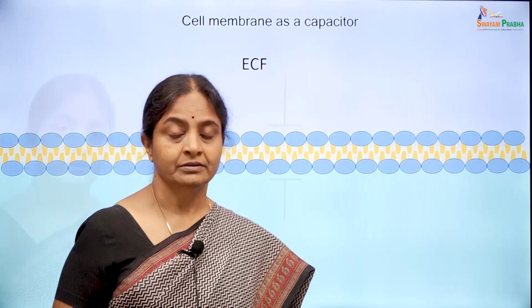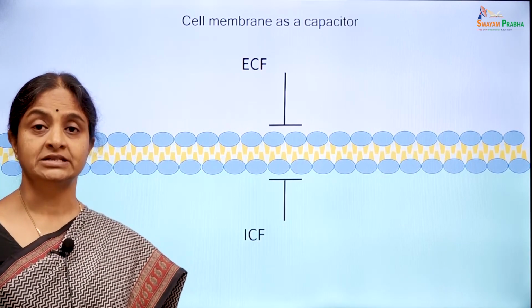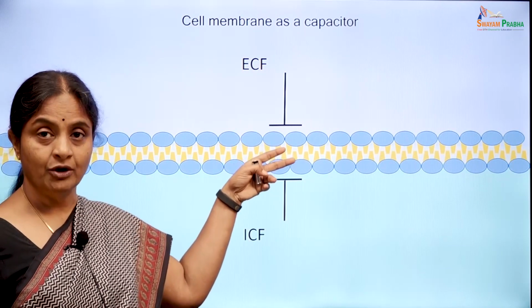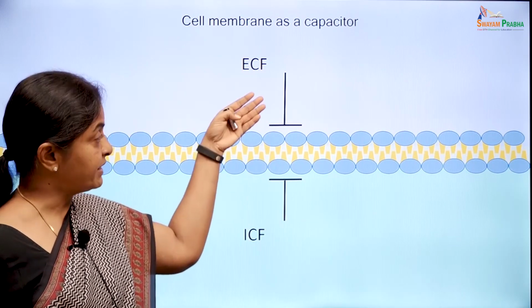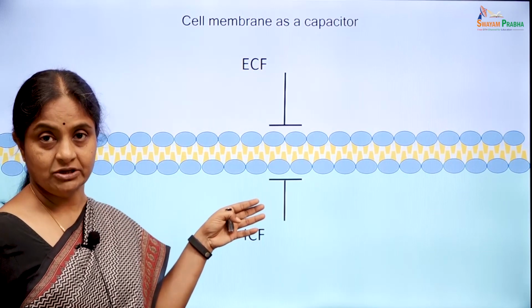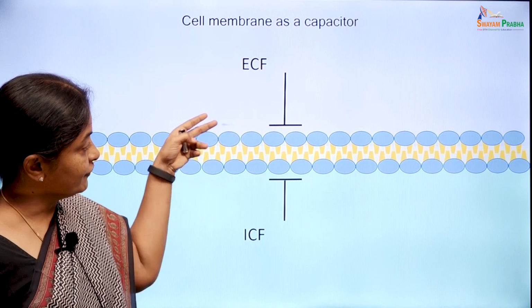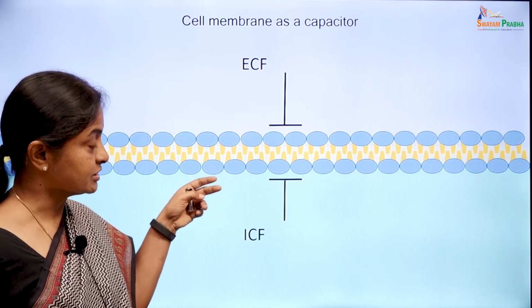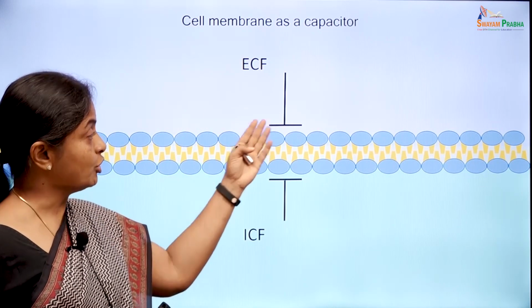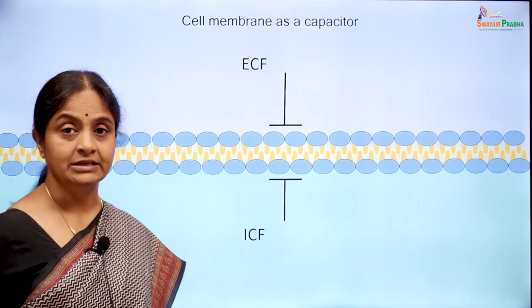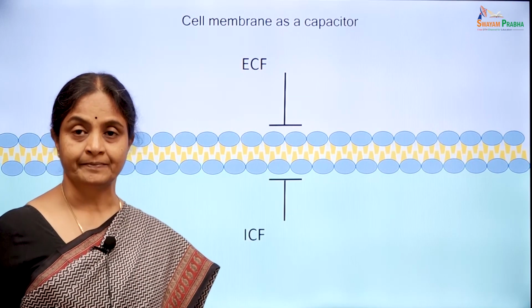The cell membrane also functions as an electrical capacitor because the lipids of the membrane form an insulating layer separating two electrolytes on either side. So, the layer of extracellular and intracellular fluids alongside the membrane can be thought of as parallel plates of this capacitor, the lipid itself being the insulating material in between.